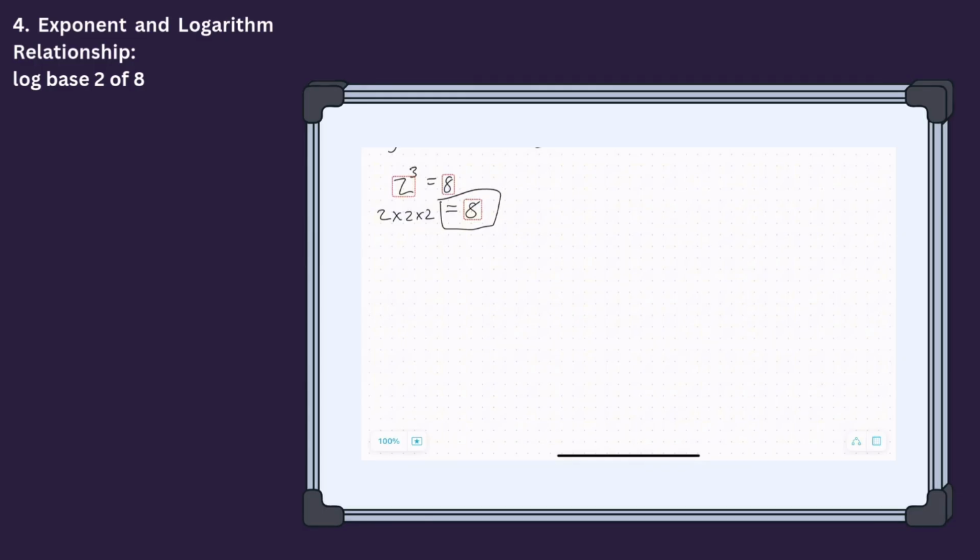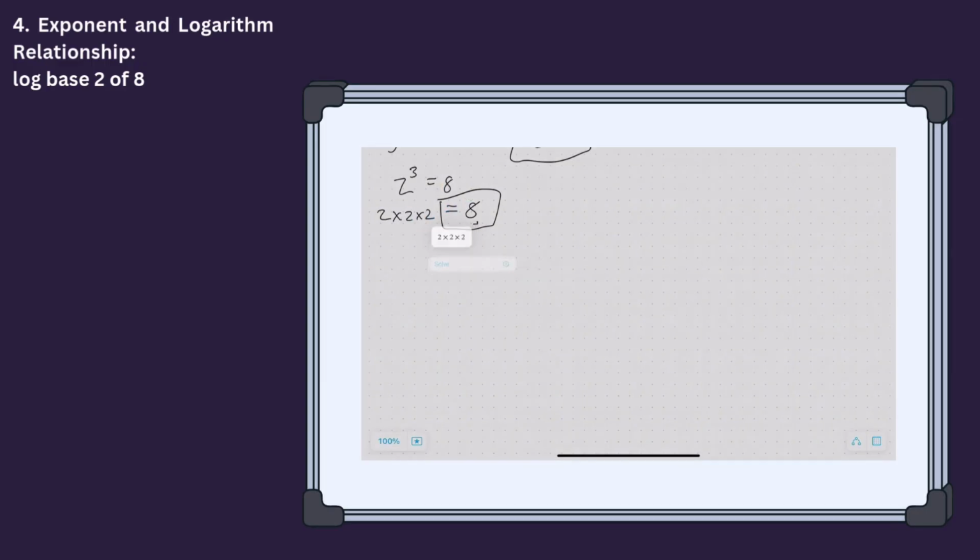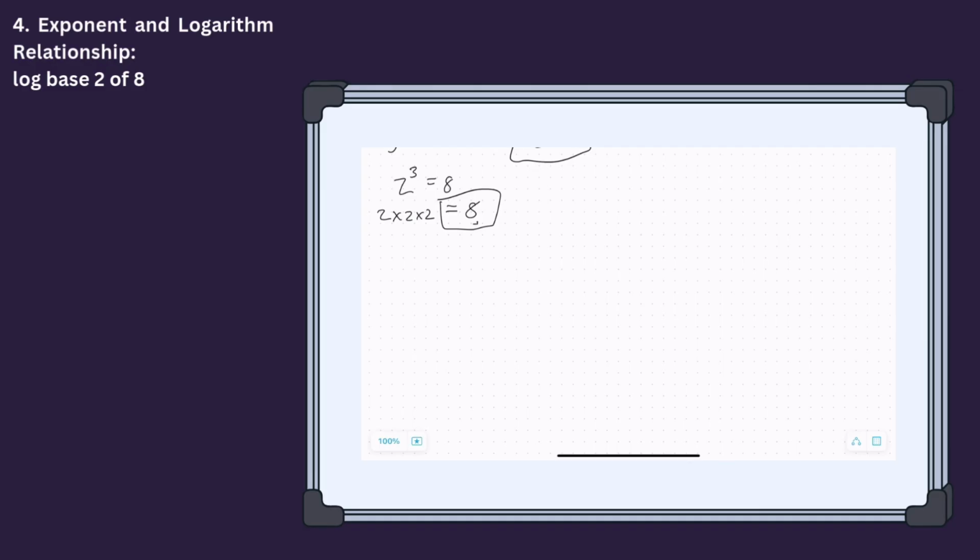Now, in this rule, a logarithm is the exponent needed to raise the base to get the number. So, 3 is our answer here because to get 8, you have to multiply 2 by itself 3 times. So 2 times 2 times 2 is 8. There's 1, 2, 3 twos to get 8.